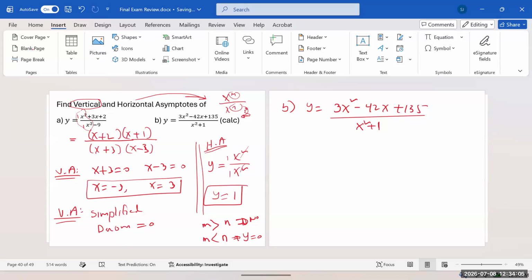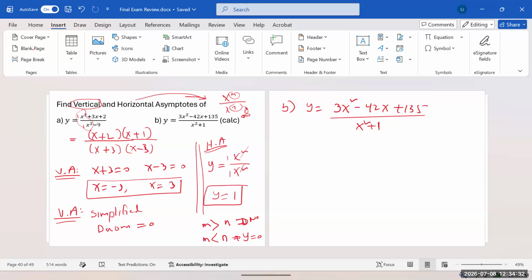If the numerator is big, then there is no horizontal asymptote. But if they are same, then that's the number in front of them, the coefficients. No asymptote. Zero. Y equals 0.